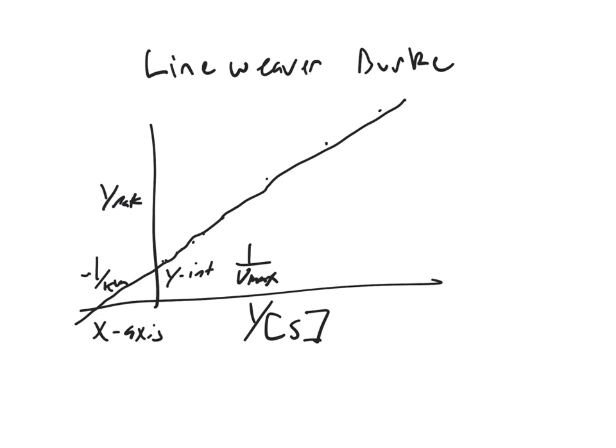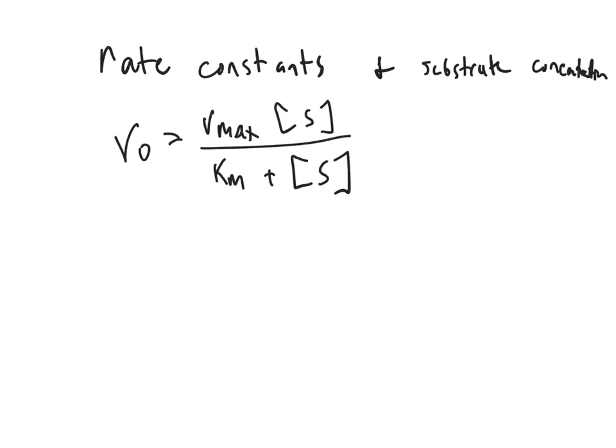Okay, the other concept I wanted to talk a little bit about was rate constants. So rate constant is probably something that you guys have not seen in a long time. You learn it in general chemistry.